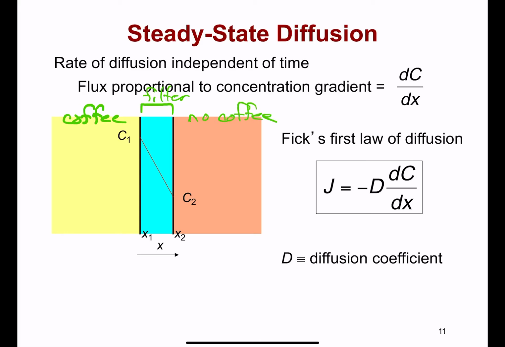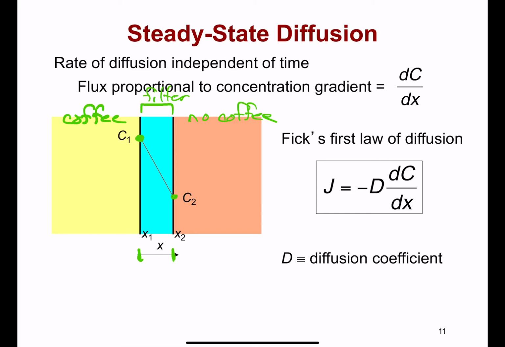That might be one way to consider this. The thickness of the filter is represented by x2 minus x1. And the concentration starts at a high concentration and moves down to a low concentration because there is no coffee on the other side.